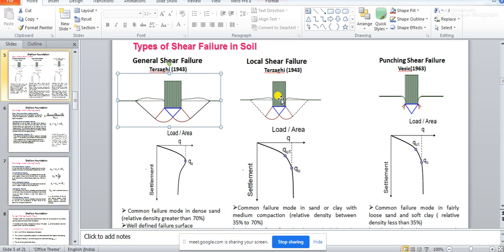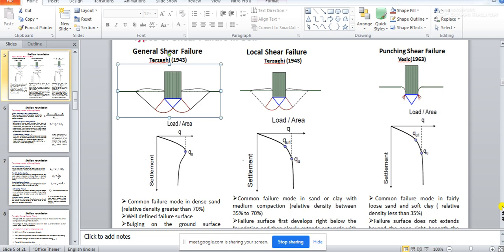So general shear failure will give you some prior indication, as you can observe it from the outside, whereas the local shear failure may or may not give you any indication. Internally it will just change its settlement pattern, and it will fail, and the foundation will just go down. So this is the challenge for a local shear failure.